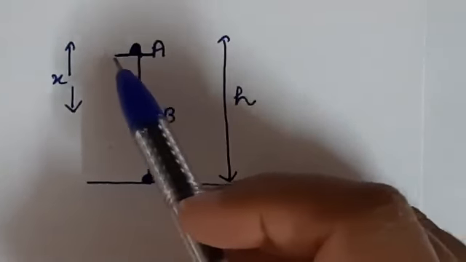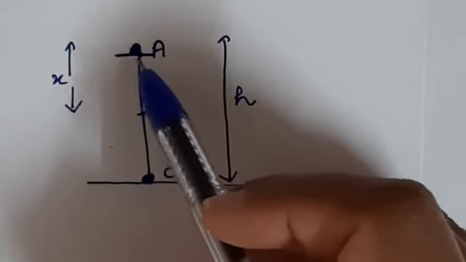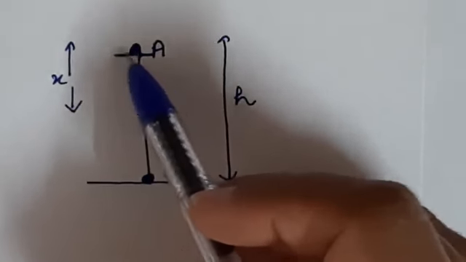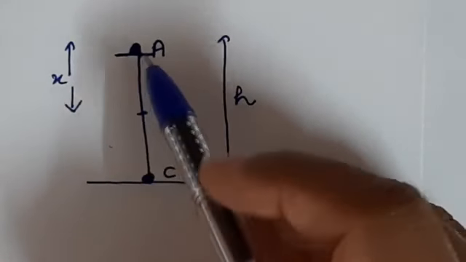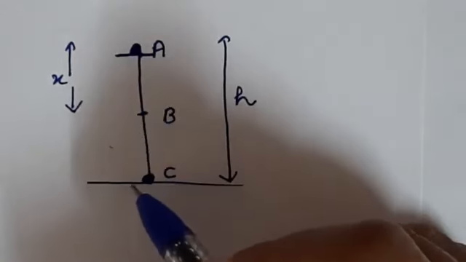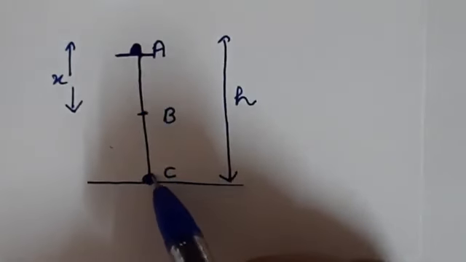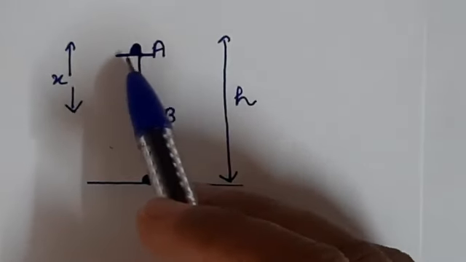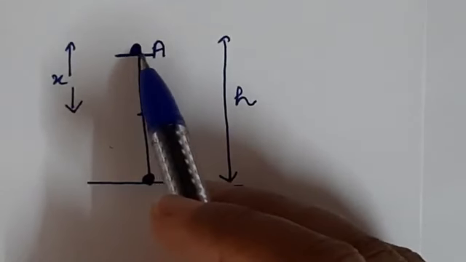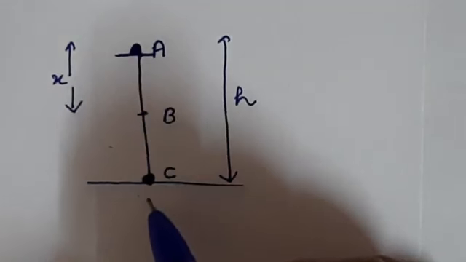So initially it is at point A. At this height it is placed, which means it is at a stationary position. Now it is coming downward. Let the final position at the ground level be C. Point A is the initial position of the object when it is stationary, and point C is where the object has reached during the free fall to the ground level.